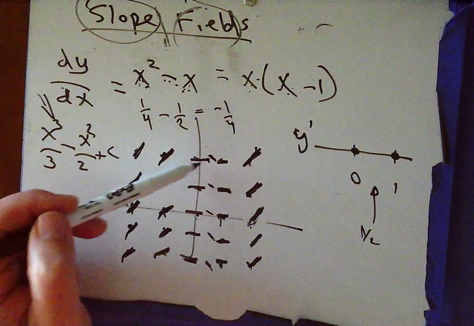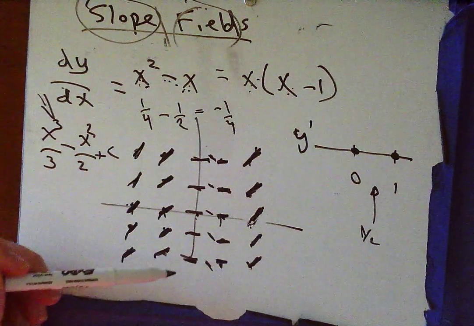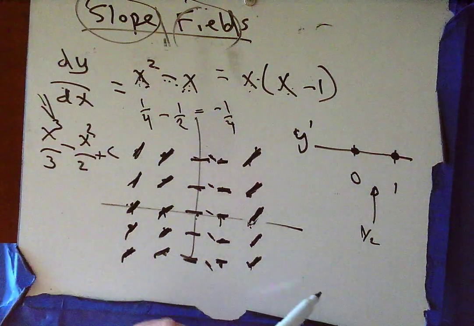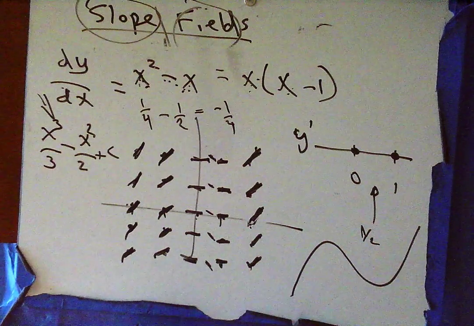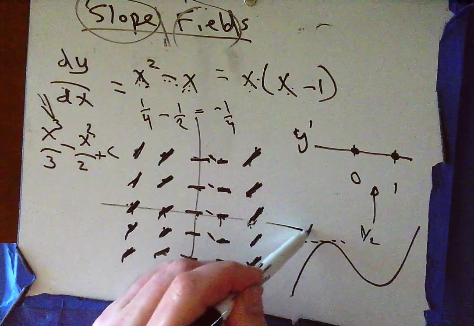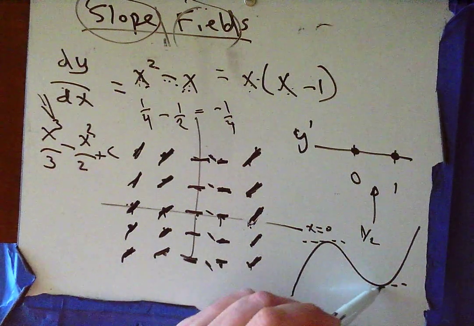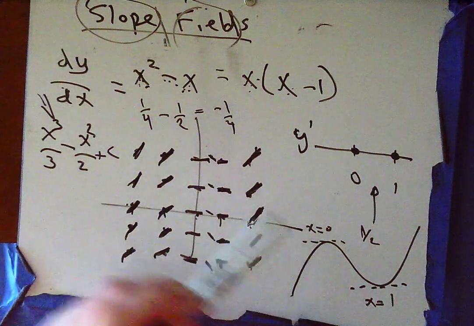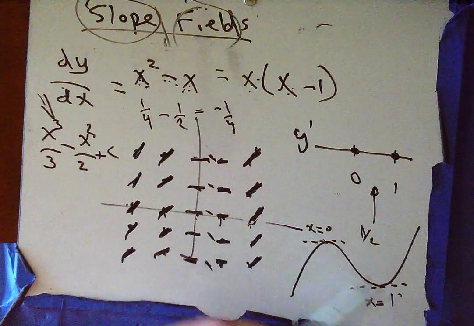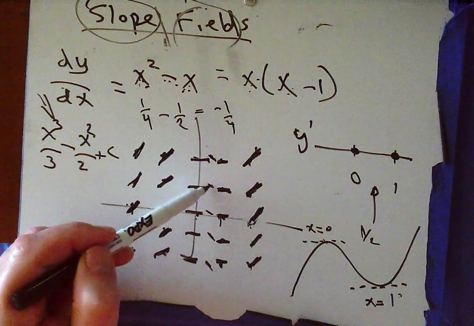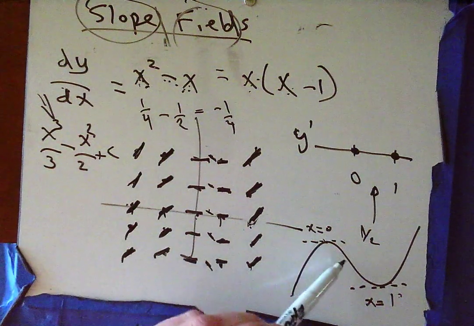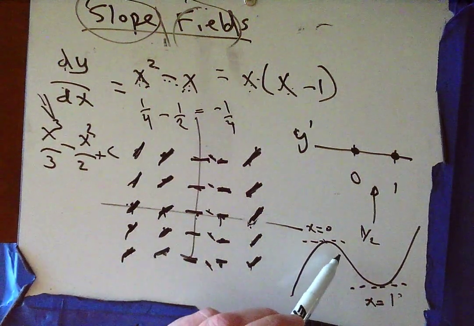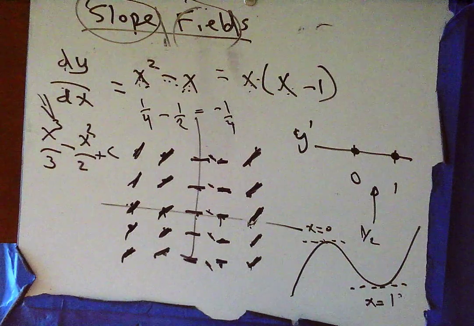And so while it might have looked like we had this long flat shelf, that's not really what we had. In fact, what we had was this. This is happening at x equals 0, and this is happening at x equals 1. And in between those two horizontal slopes, if we check, like at x equals 1/2, we see a negative value on dy dx, which means our original function is decreasing.